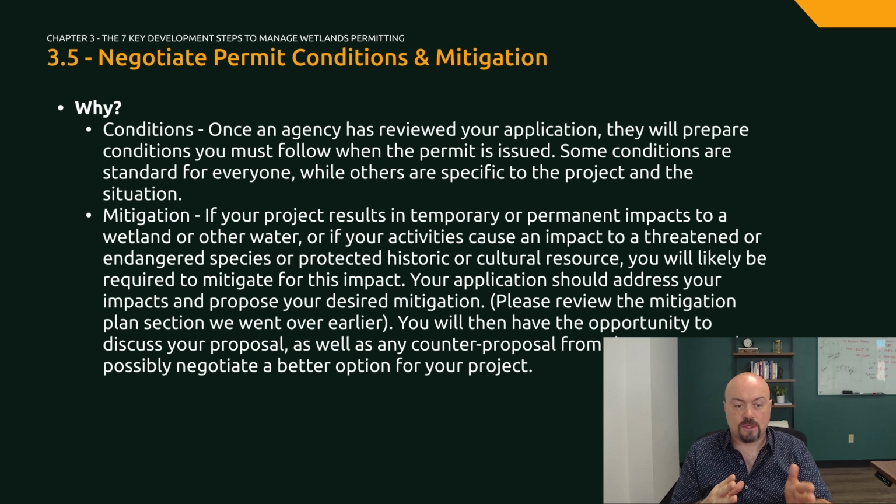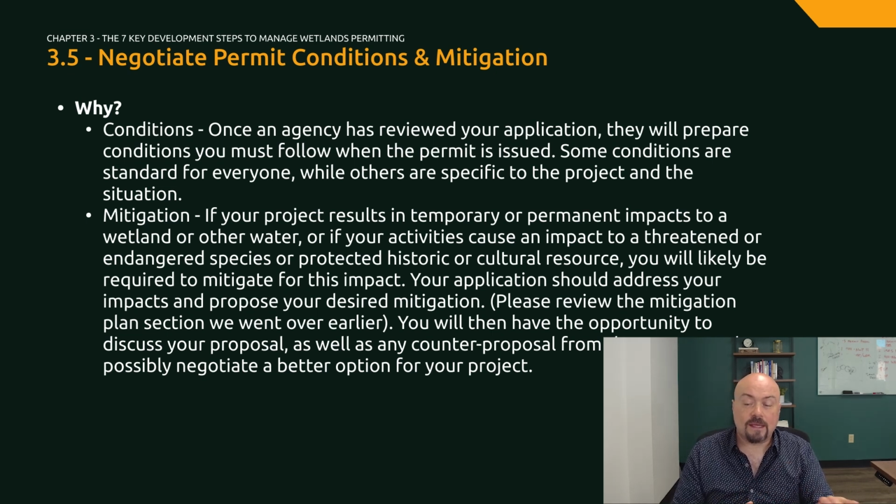If your project results in temporary or permanent impacts to a wetland or other water, or if your activities cause an impact to a threatened or endangered species or protected historic or cultural resource, you will likely be required to mitigate for this impact. Your application should address your impacts and propose your desired mitigation.